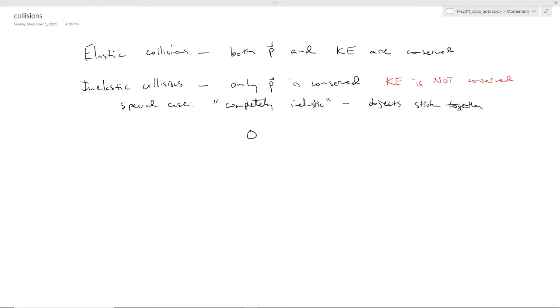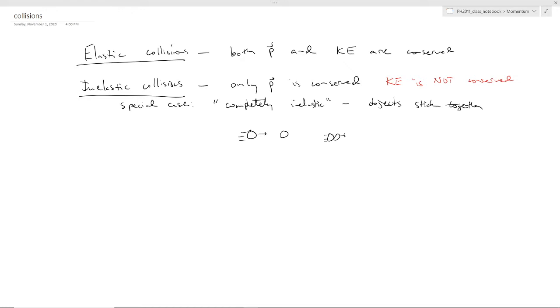So kind of the cartoon, that situation is like you have one object and it hits another one, and then you have that combination that sticks together after the collision. So it's one special case. But these are our main definitions: elastic collisions and inelastic collisions.